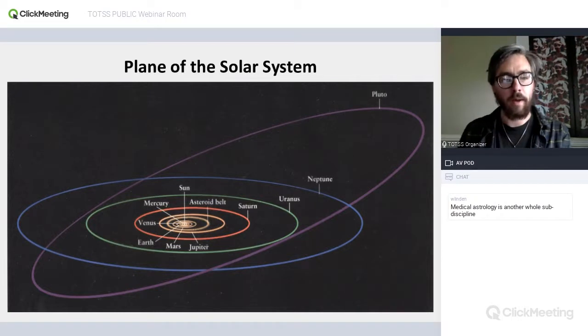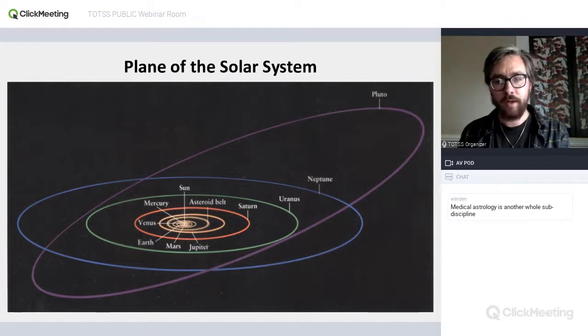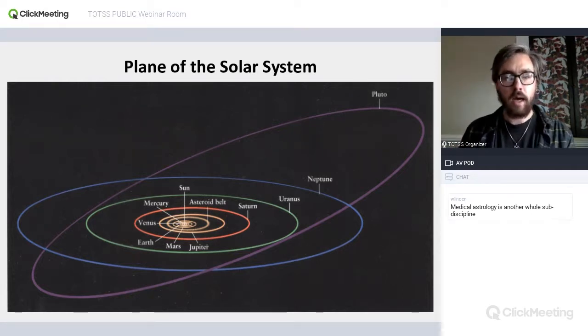But I'm just trying to illustrate here that the orbits of the planets all deviate a little bit, but more or less lie on this flat plane, with the sun at the center. That happens just as the dust cloud that eventually forms our solar system is starting to collapse. The gravitational and rotational forces just flatten that into a flat plane, and so the planets lie on this flat plane.